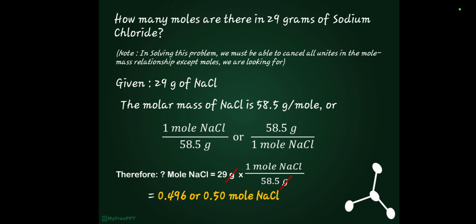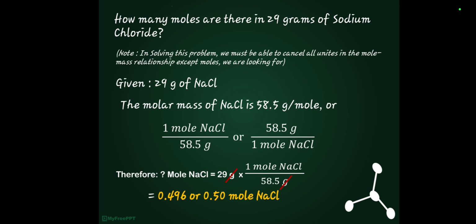The only unit left, since we've already canceled the same unit, is mole of sodium chloride. So that is the unit of the result: 0.496 or 0.50 mole of sodium chloride. I hope you get it. If you have questions or clarifications, just direct message me or use the group chat.